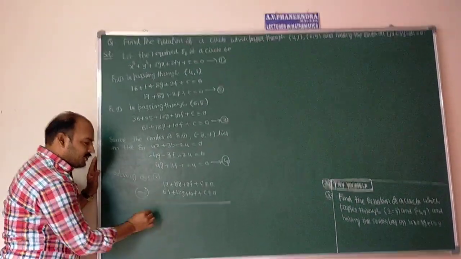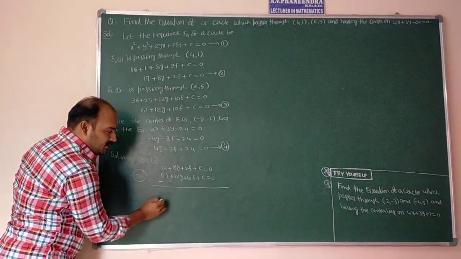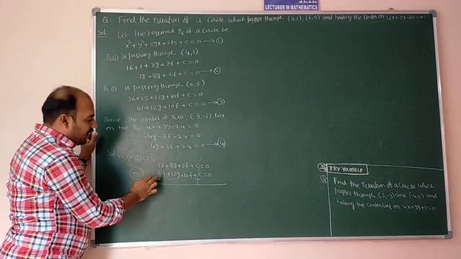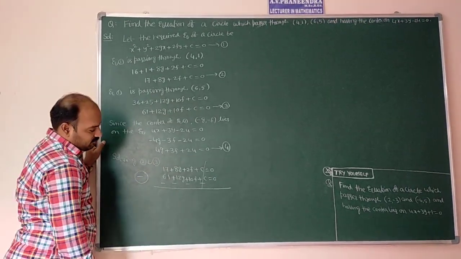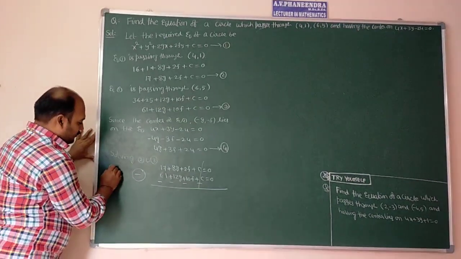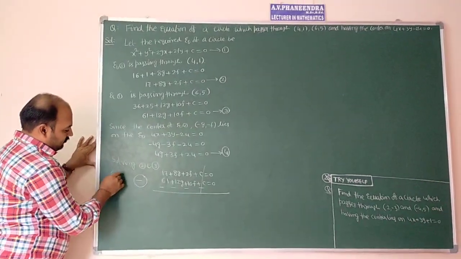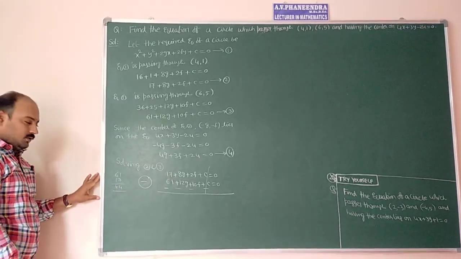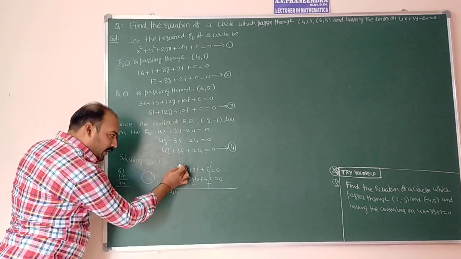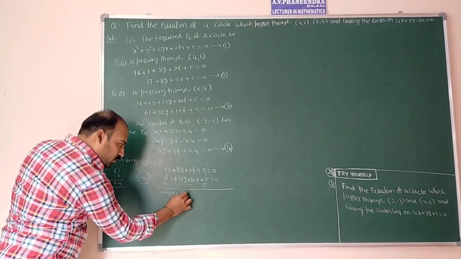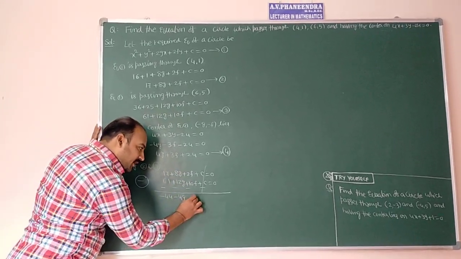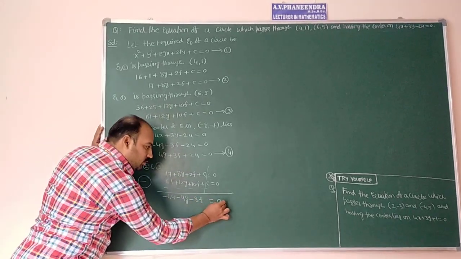Subtracting, sign change, minus, minus, minus, minus, plus c minus c get cancelled. 17 minus 61, how much we are going to get here? 61 minus 17, 44. So that is minus 44. 8g minus 12g minus 4g, 2f minus 10f minus 8f is equal to 0.